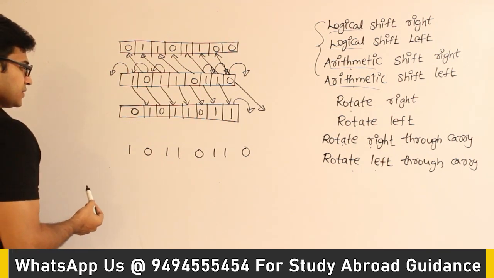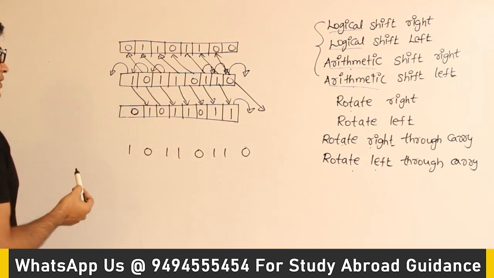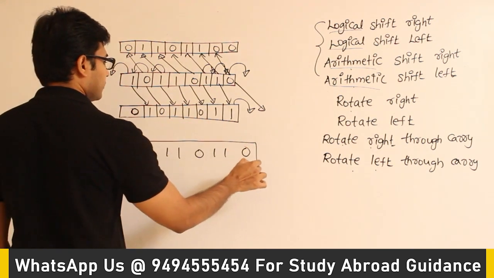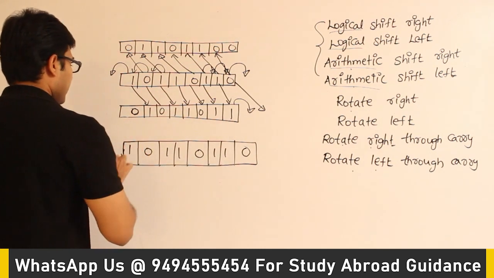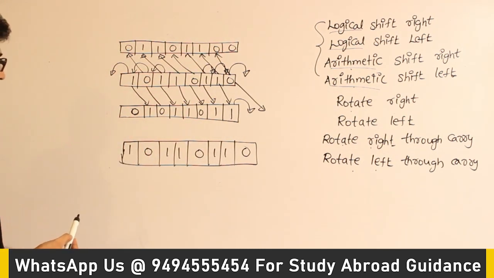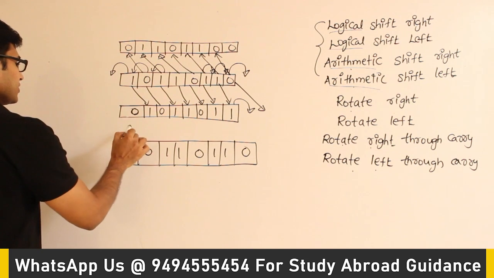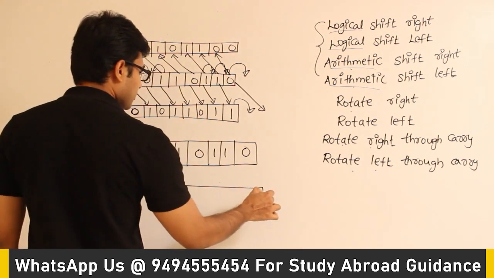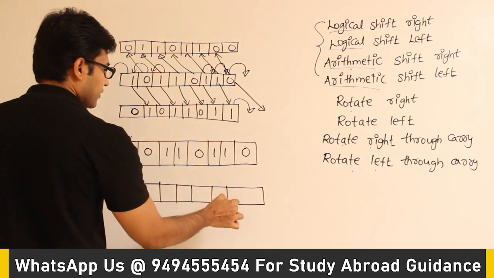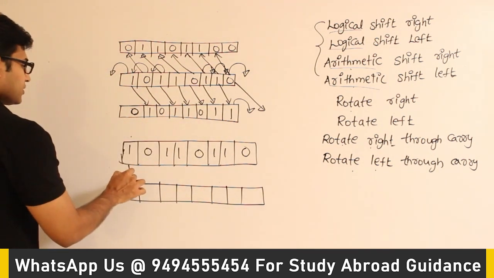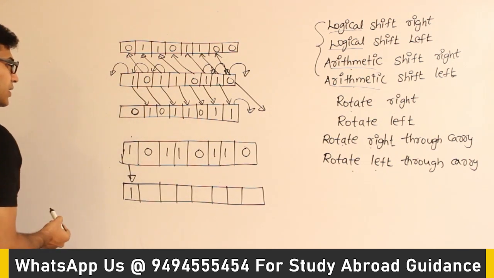So arithmetic right shift means we consider it as a 2's complement number, and we should not change the sign at all, which means this particular bit will not change. When you do this arithmetic right shift, the sign bit will never change. The sign bit stays as it is, and everything else is shifted.